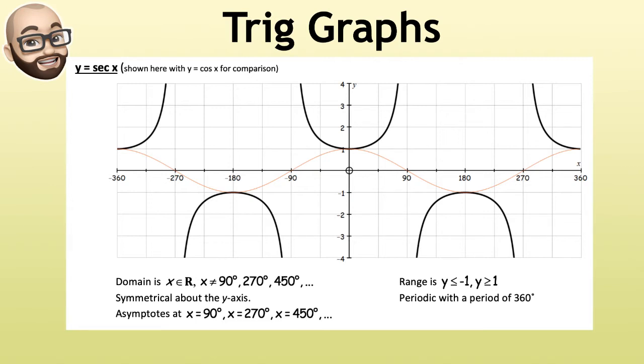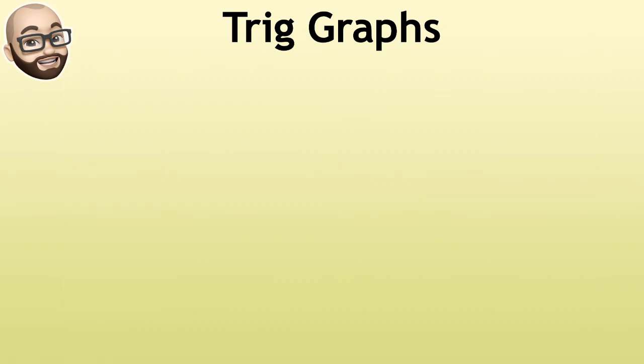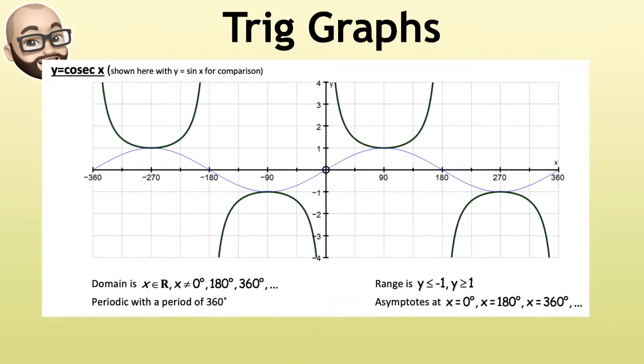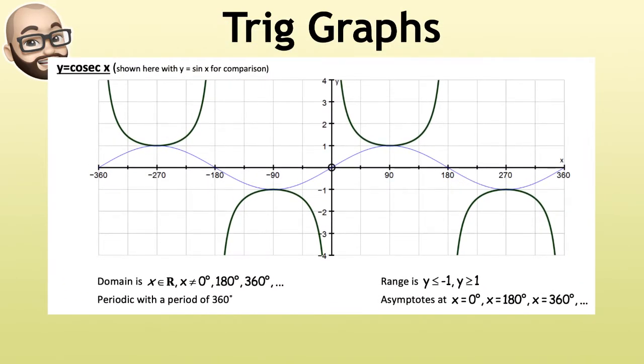Because we know that the cos graph and the sine graph are pretty much the same, except that one is translated compared to the other, it's going to be very similar when we look at this cosec graph. So we still have the same type of U shape that comes down, hits a minimum point at 1, and then tends back up towards infinity, and then has an asymptote, and then jumps across to the negative version of it.